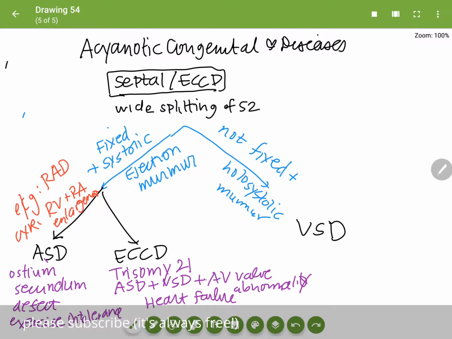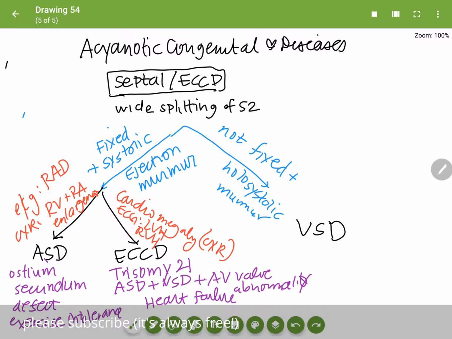As far as diagnostic tests go, there's going to be severe cardiomegaly on CXR, and on EKG, there's going to be signs of left ventricular hypertrophy and right ventricular hypertrophy.